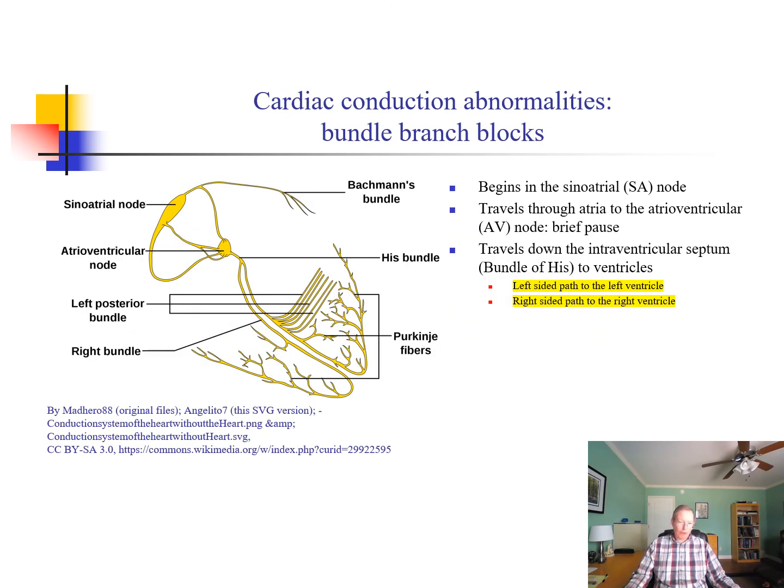I mentioned also that you can have what are called bundle branch blocks. If you remember when we talked about the AV node and then going from the bundle of His, that it broke into a right side and a left side along the interventricular septum between the ventricles. And so if there's a block on the left side, it's called a left bundle branch block. If there's one on the right side, it's called a right bundle branch block. And what I want you to notice is that for these blocks there are patterns.